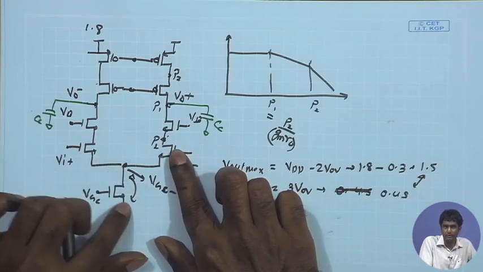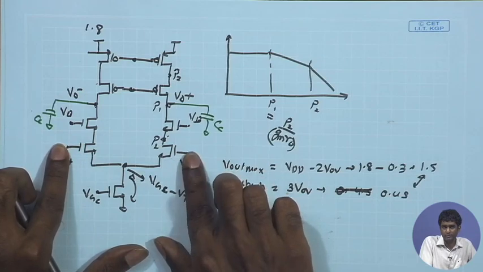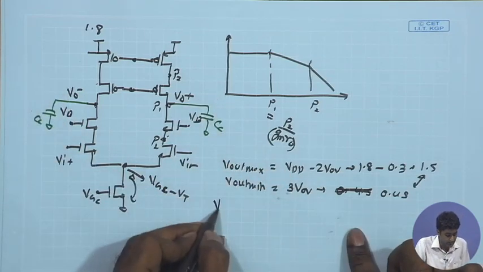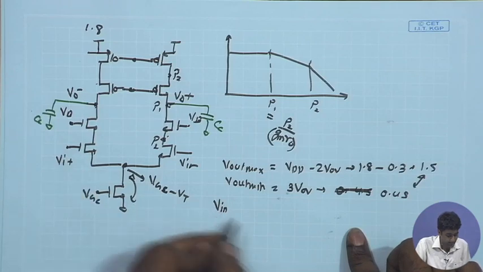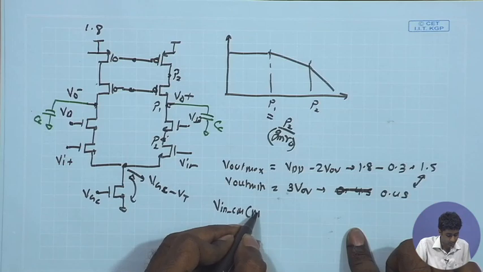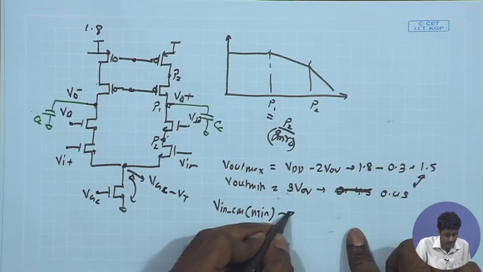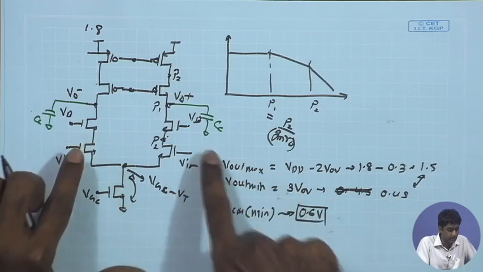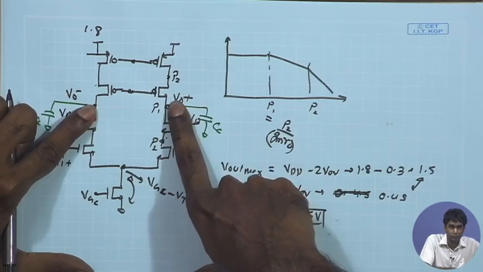So 0.5 plus 0.1, around 0.5 to 0.6 volt. The V in CM min that I have estimated is around 0.6 volt, the estimated value in order to allow maximum possible swing at the output.